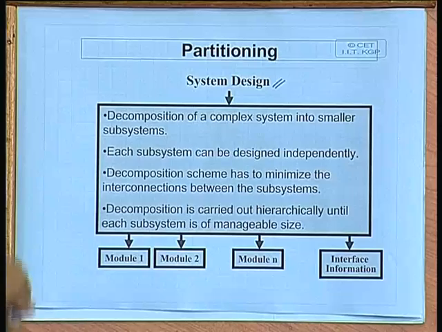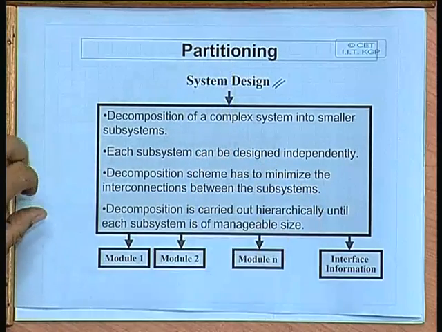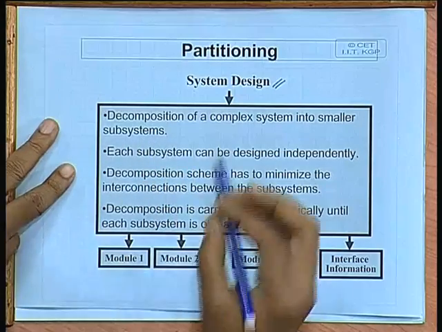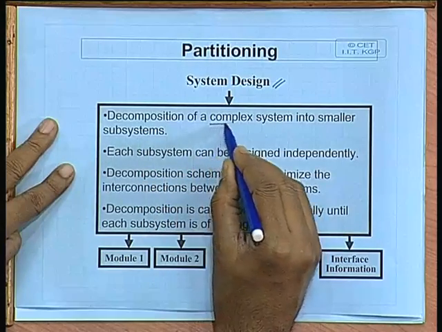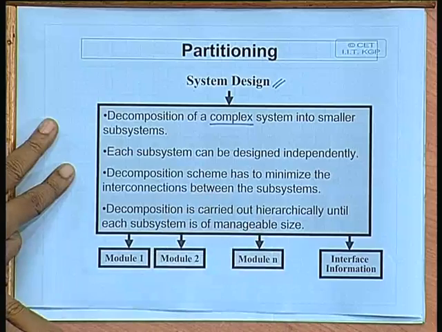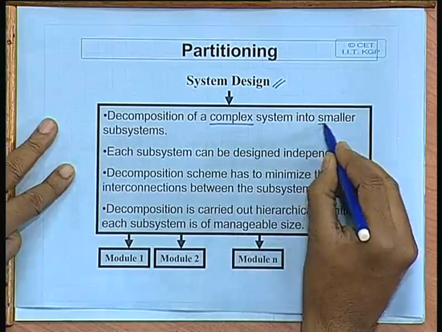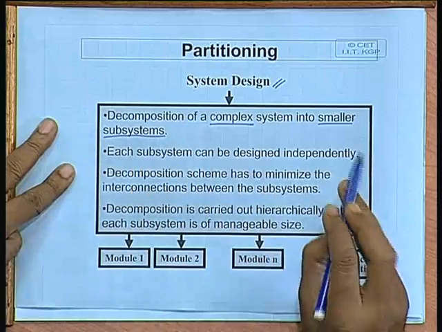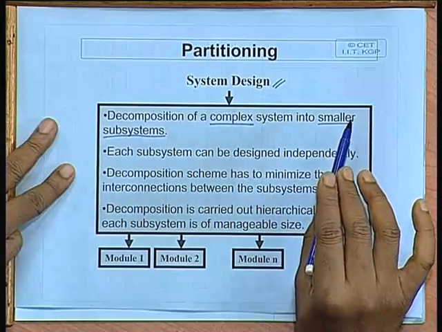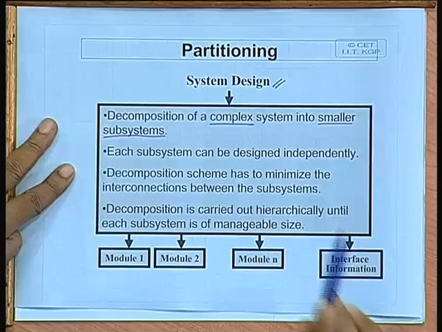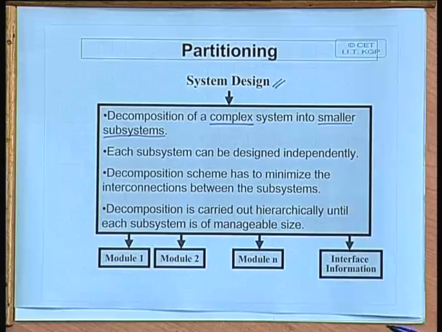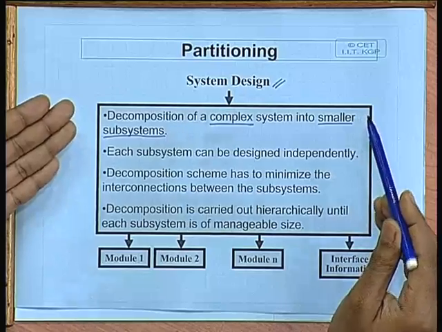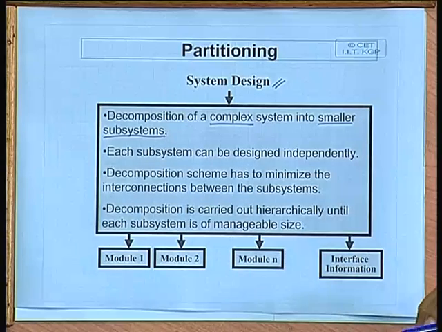Our goal of partitioning is to decompose this particular system, which is supposedly a complex, large one, into smaller subsystems. This is the simplest way of specifying the goal of partitioning. Given a bigger system, we have to break it up into smaller subsystems.